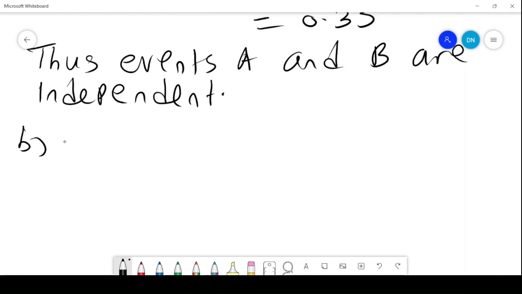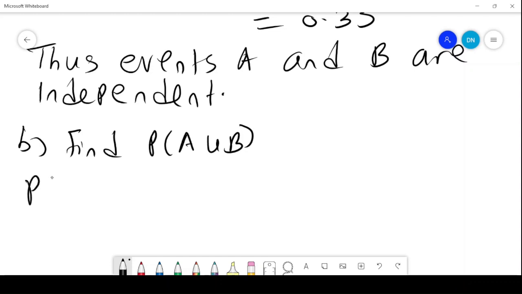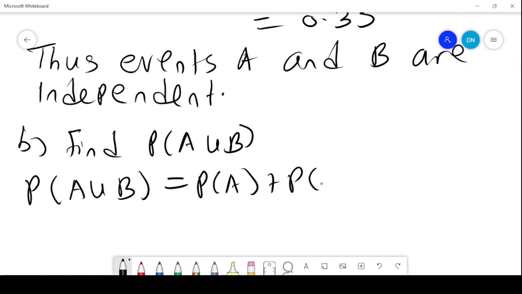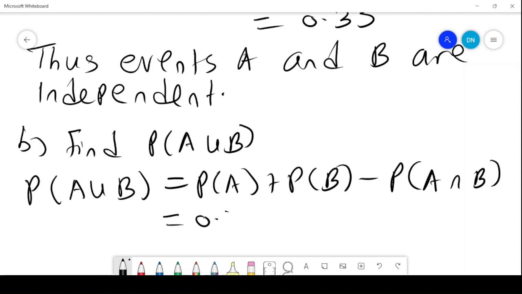We are told to find probability of A union B, and since we don't know much about the issue of independence here, we can write probability of A union B as probability of A plus probability of B minus probability of A intersection B. And since we know that A and B are independent, it will be 0.7 plus 0.5 minus 0.7 times 0.5.